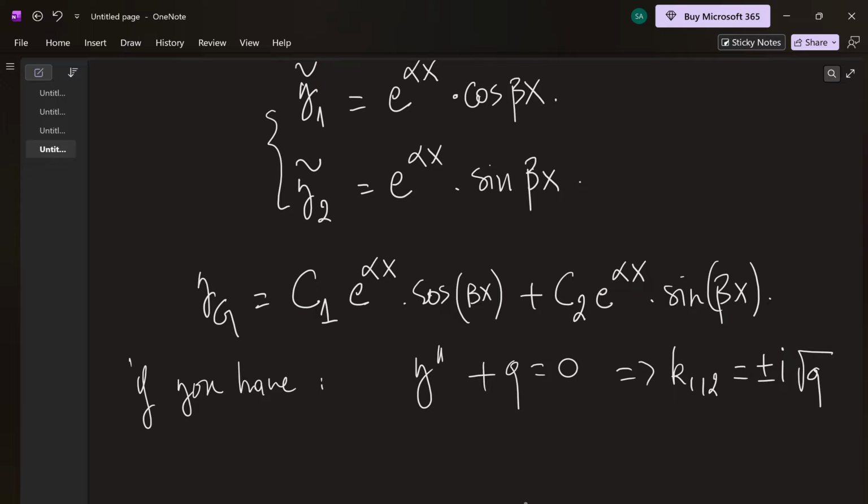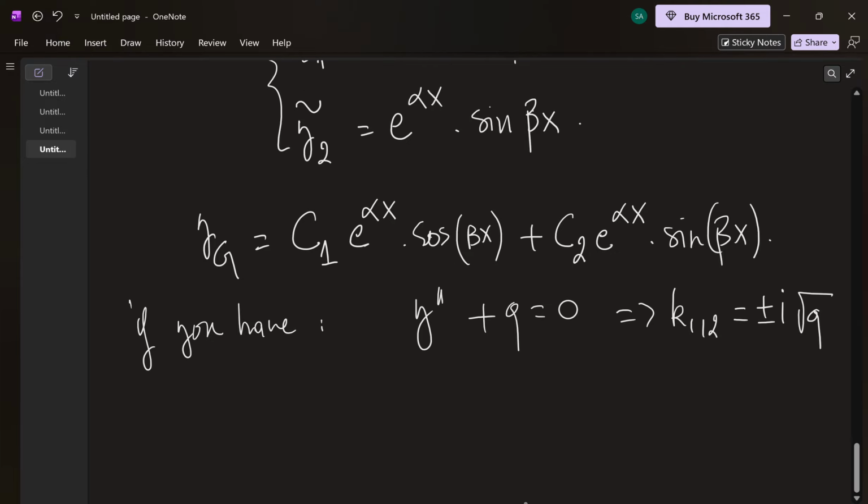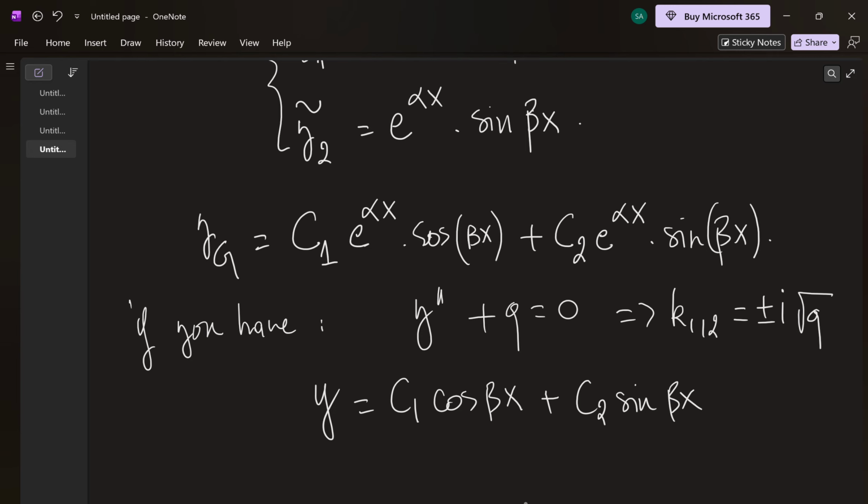In this case the general solution is reduced to y is equal to c1 times cos beta x plus c2 times sine beta x.